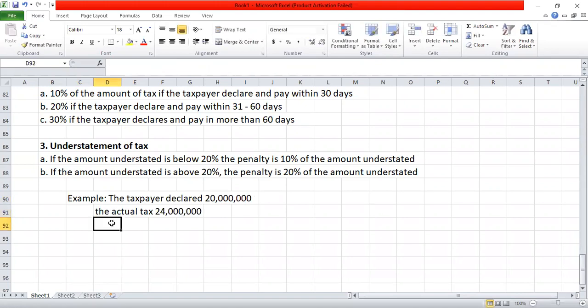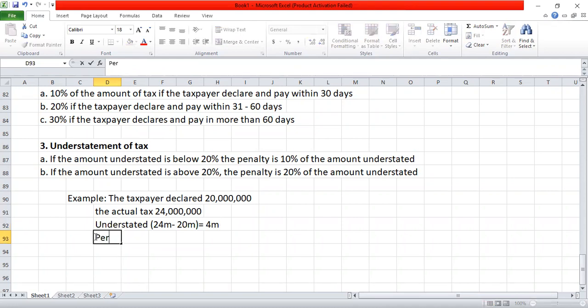So what we do is to get what was understated. Understated is 24M minus 20M. Then you have 4 million was understated.